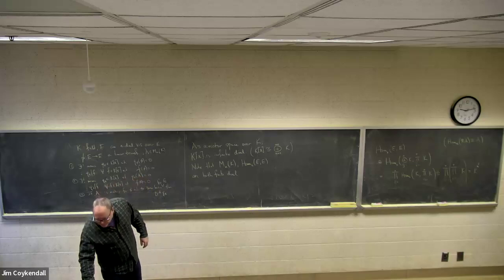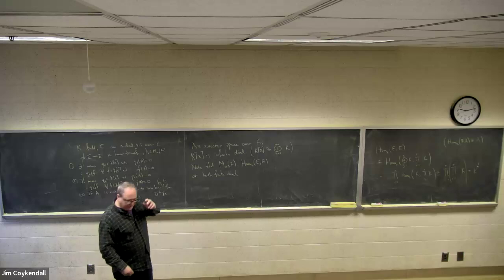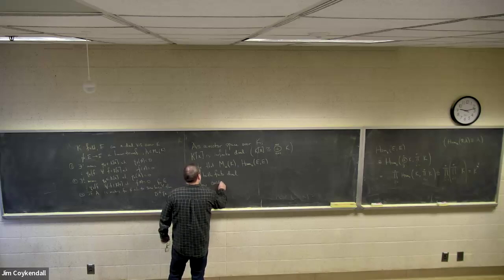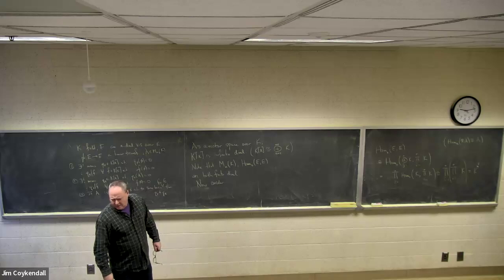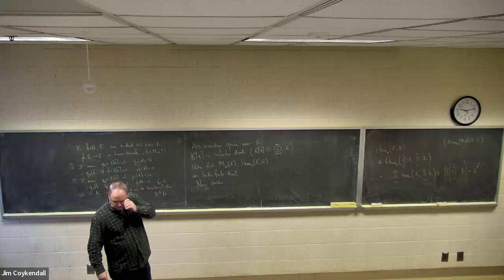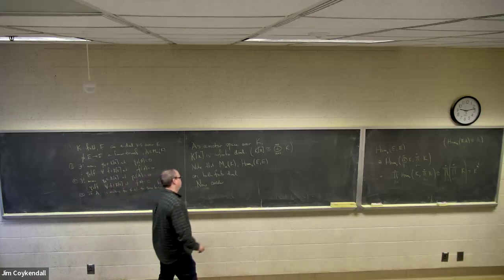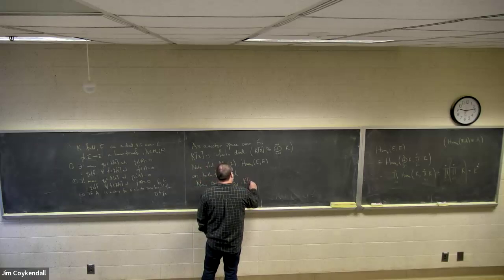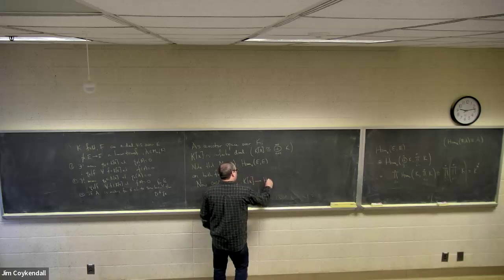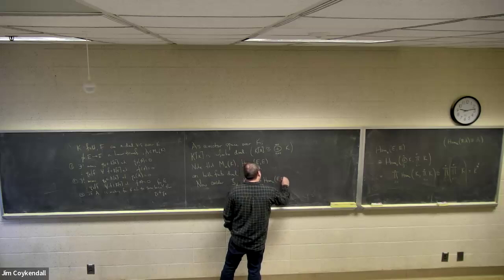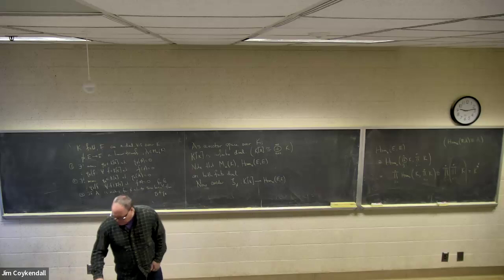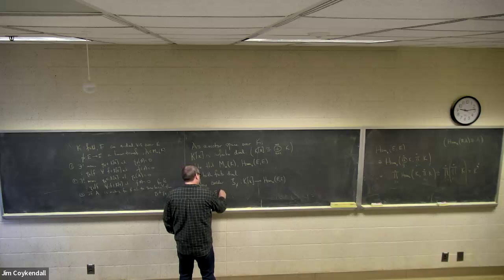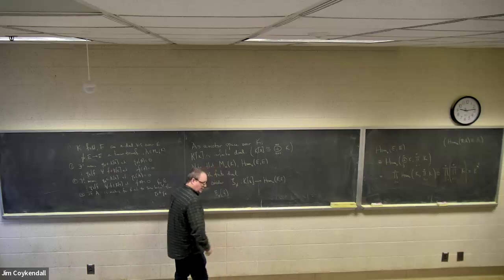So let's consider the following map, from K[x] to Hom(E,E), given by something sagacious.